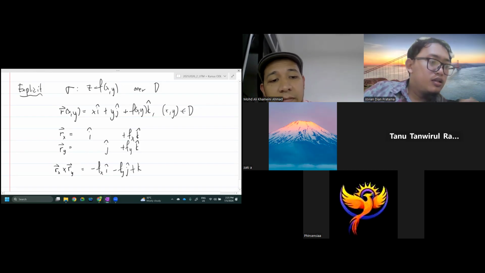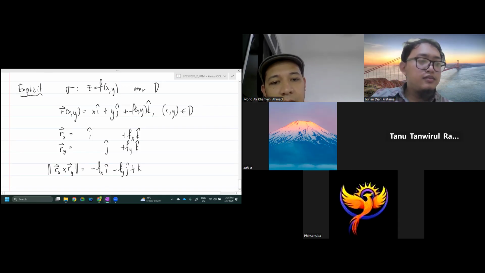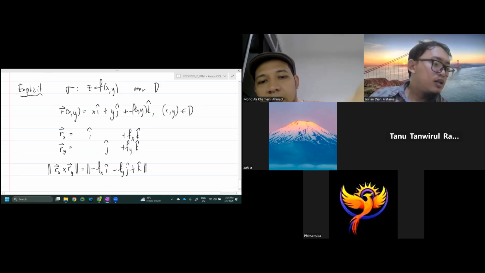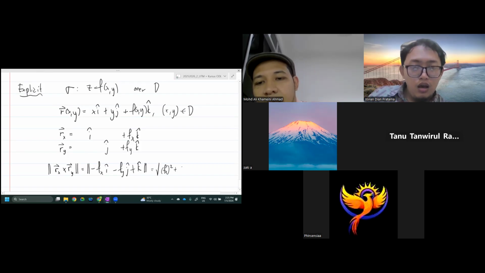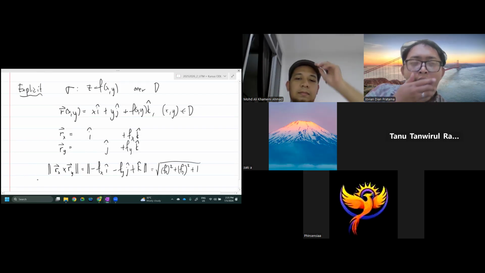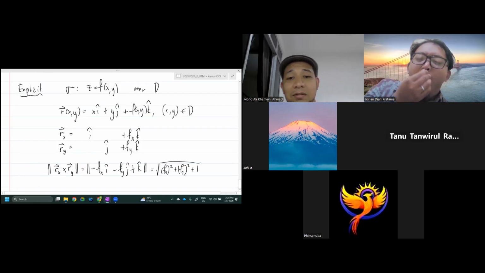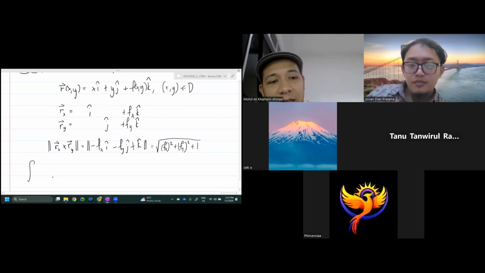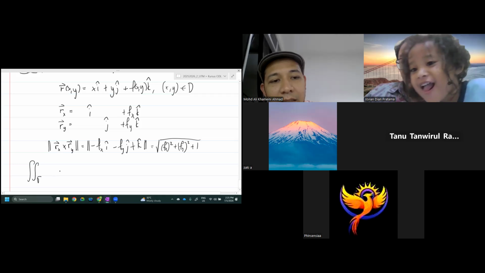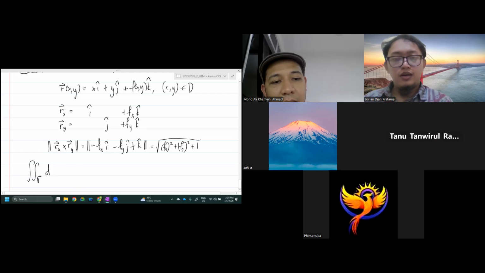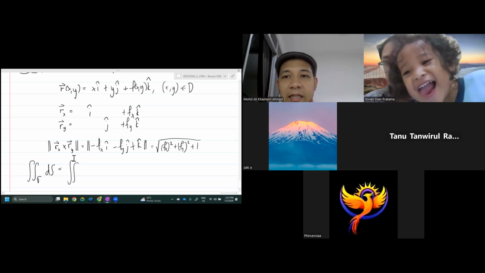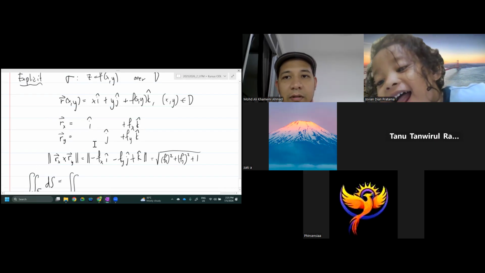And then if you find the magnitude, it is just the square root of f sub x squared plus f sub y squared plus 1. Okay, you get this thing. And then you just substitute into the formula. So now our surface integral over Σ of dS is equal to, our region of integration will be D here, right? D, because you have the domain of x, y here.